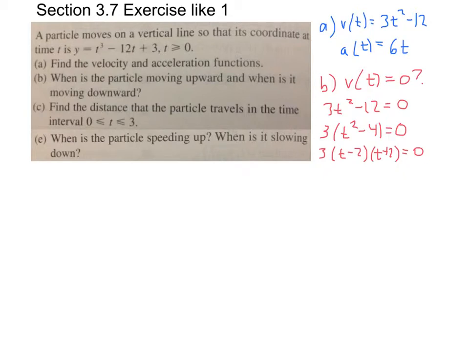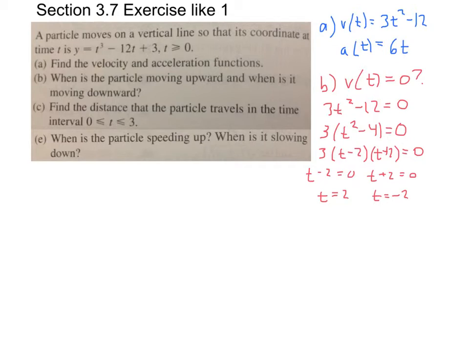Then we use the zero product property, which says if we are multiplying any number of things together and we get 0 as our answer, then at least one of the things that we multiplied had to give us 0. So 3 can't be 0, but t minus 2 can equal 0, and t plus 2 can also equal 0. If t minus 2 equals 0, then t is equal to 2. If t plus 2 is equal to 0, then t is equal to negative 2. So these are the two points at which my velocity is equal to 0.